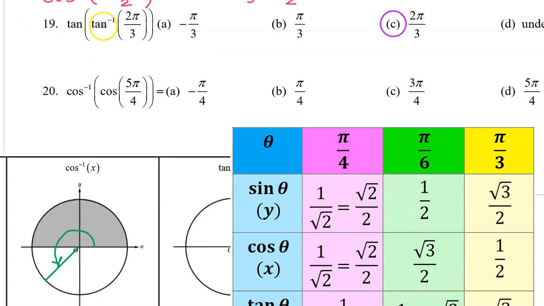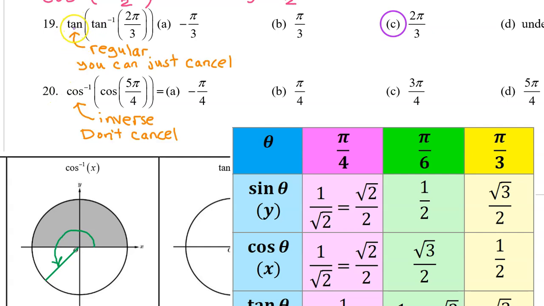On the previous problem, we were able to simply cancel out tangent and arctangent, leaving 2 pi over 3. This time, we cannot. So how do you know when you are allowed to cancel out a function and its inverse function, and when you can't?